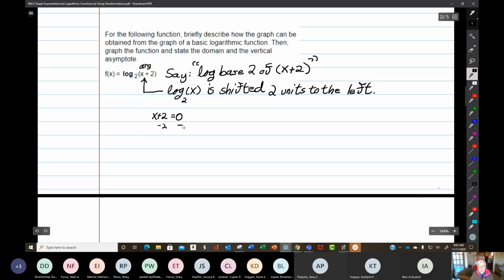Subtract 2 from both sides. You'll have x equals negative 2. Horizontal movement, the negative here, means go to the left. So after you set this equal to 0 and solve, you will see that this takes the basic graph of log base 2 of x and moves it to the left 2 units.